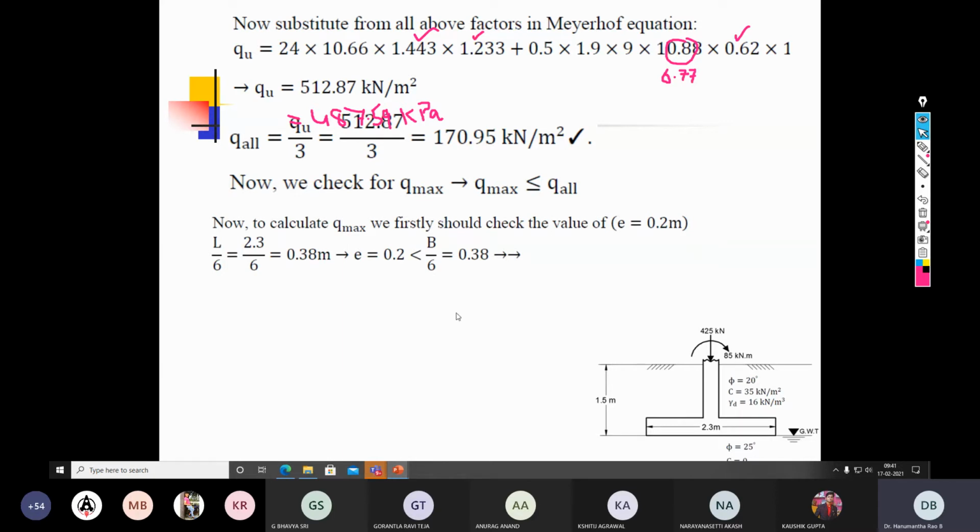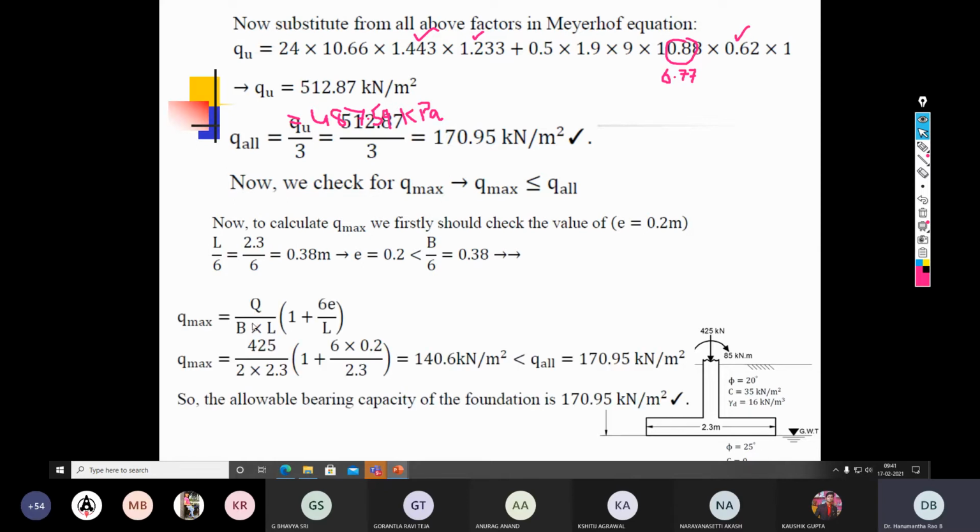You calculate in both the directions, L by 6, that is 0.38, and 0.2 into B by 6. So this is 0.2, which is less than 0.38. Therefore the location of the load is within the middle third. That means there is no possibility of tension development beneath the footing. However, development of Q max and Q minimum is not ruled out.